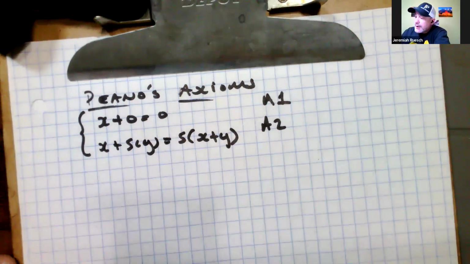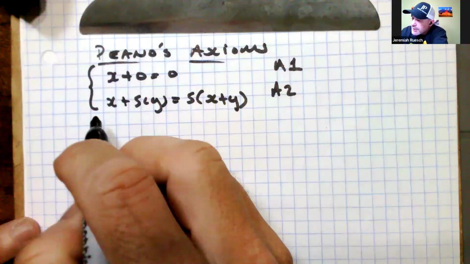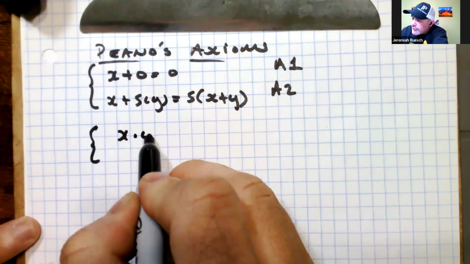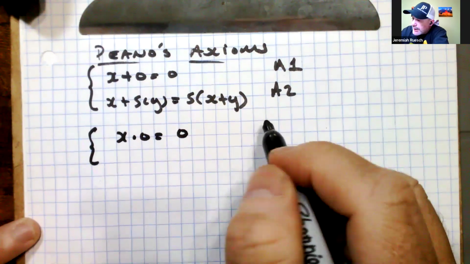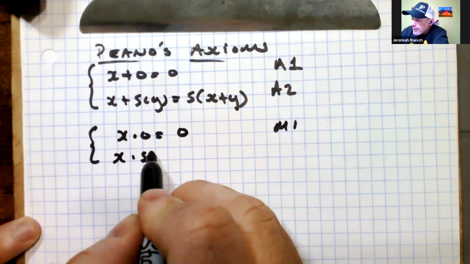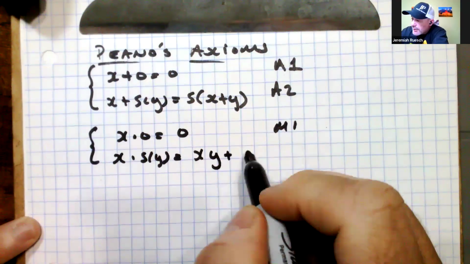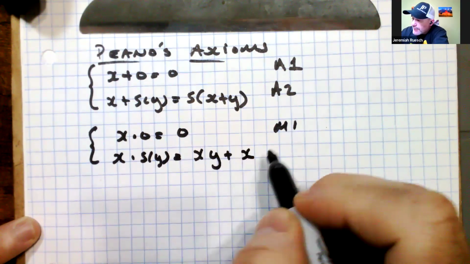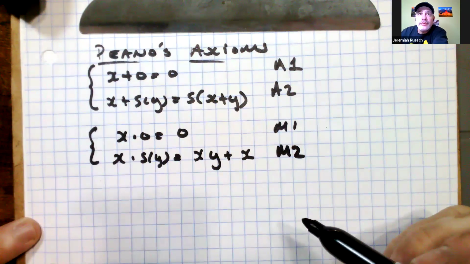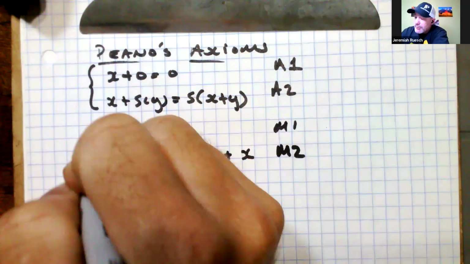Likewise, multiplication is x times 0 equals 0, which I'll call M1, and x times the successor of y equals x times y plus x, which will be M2. We'll use those definitions for the operations of addition and multiplication.